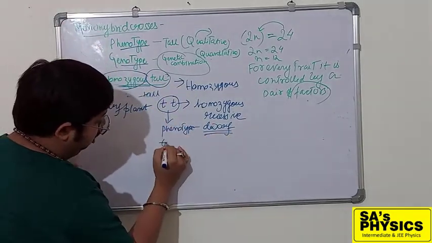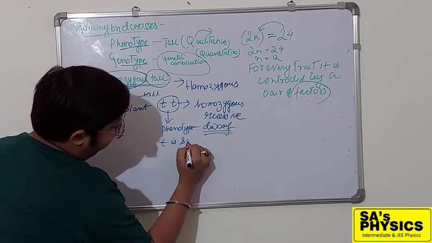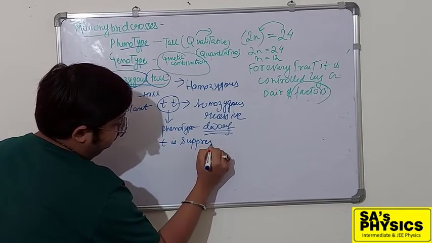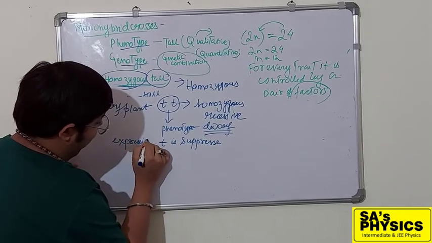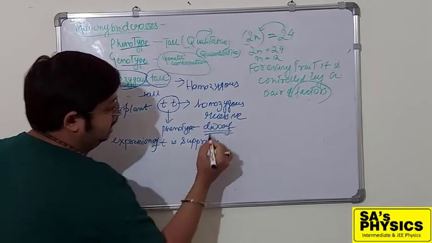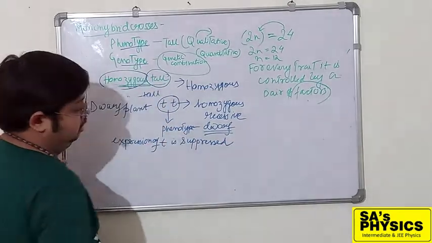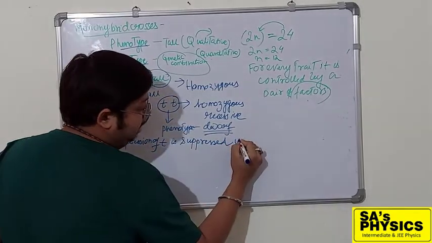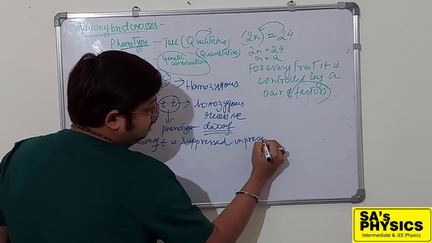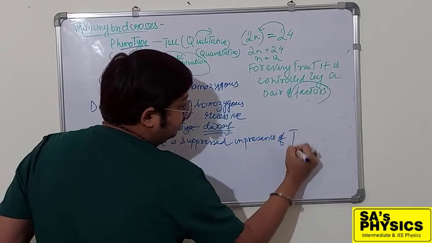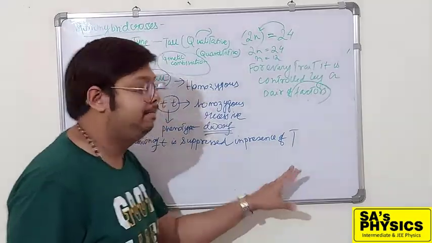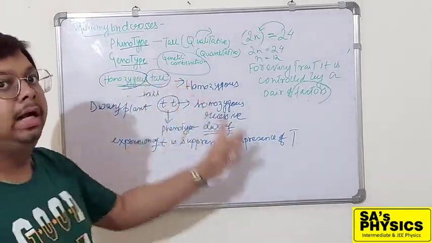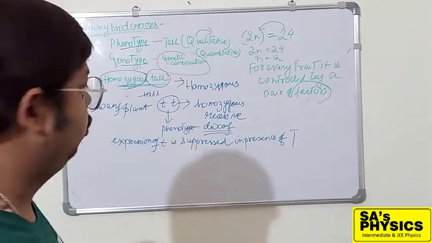When small t is present with capital T, expression of small t is suppressed. That is why whenever capital T is present, capital T will be expressing itself and tall plant will be produced.